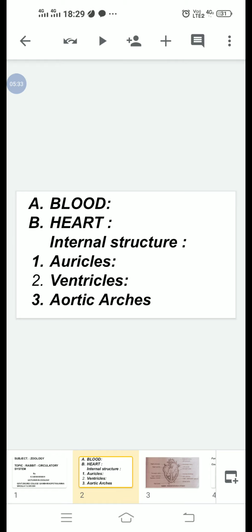This fluid reduces friction between the two layers and allows free movement of the heart.